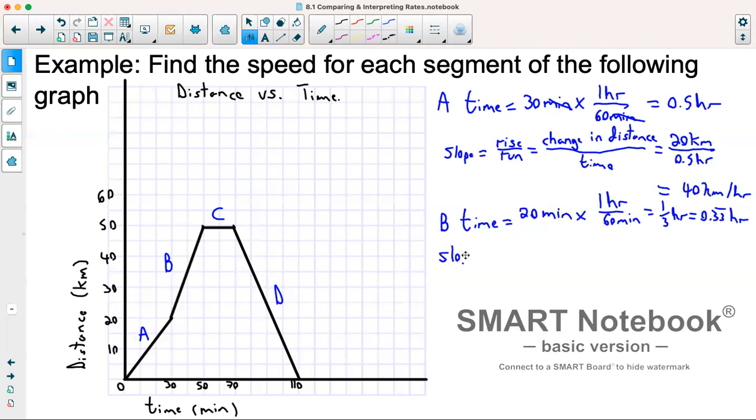Our slope is going to be our rise over our run. Now we'll start our rise from where that segment starts. So we start at 20, ended at 50. So that's a change of 30 kilometers over 0.333 hours. So that works out to 90 kilometers per hour.